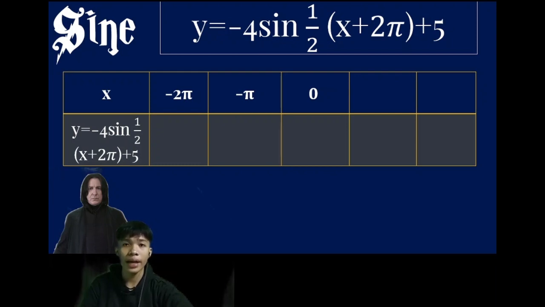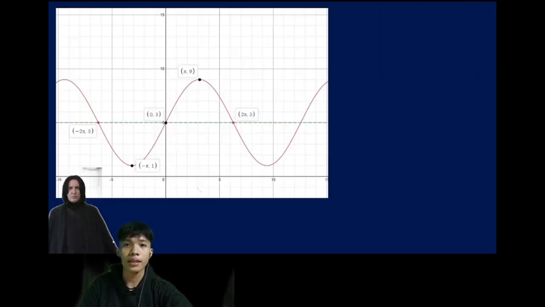So negative 2 pi plus positive pi is going to be negative pi, and negative pi plus positive pi is going to be 0. And if we add positive pi to 0, it's going to be positive pi, and 1 pi plus 1 pi is going to be 2 pi. And substituting the values in the formula that we saw earlier, we get 5, 1, 5, 9, and 5. Now we can plot these values and the graph will look like this. And that's all.